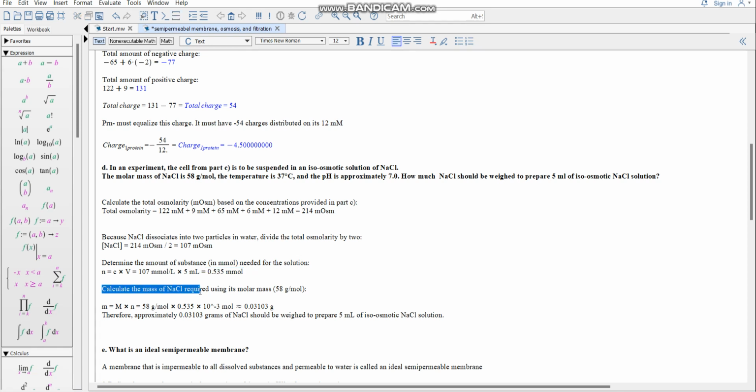And then to calculate the mass of sodium chloride required using its molar mass, we simply take the molar mass times the amount of substance to give us the final mass of sodium chloride. So 0.031 grams of sodium chloride should be weighed to prepare 5 milliliters of isoosmotic sodium chloride solution.